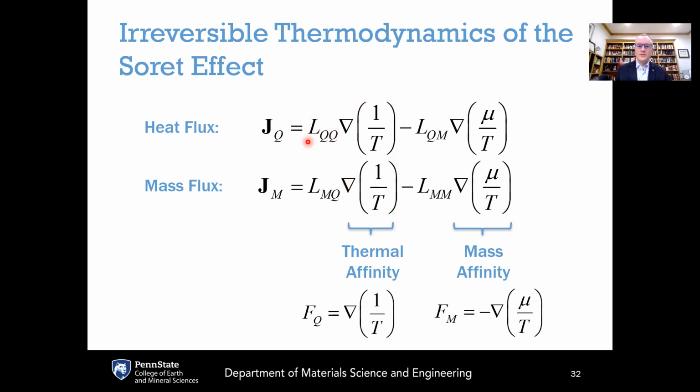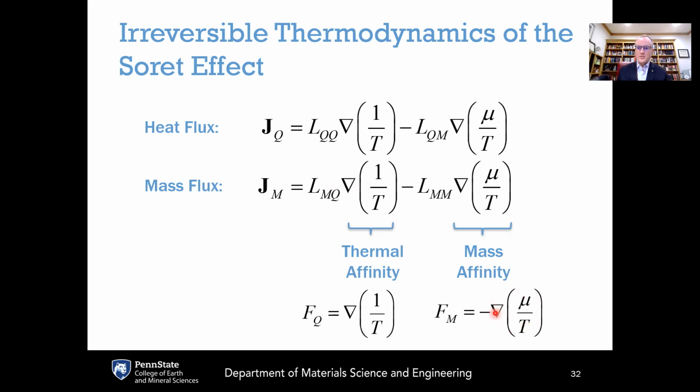And we've got the prefactors for that, the L_QQ. This is the thermal affinity acting on the thermal flux, so that's the L_QQ. The thermal affinity acting on the flux of matter is L_MQ. Then the other affinity that is relevant here is the mass affinity, and this is governed by minus the chemical potential over the temperature.